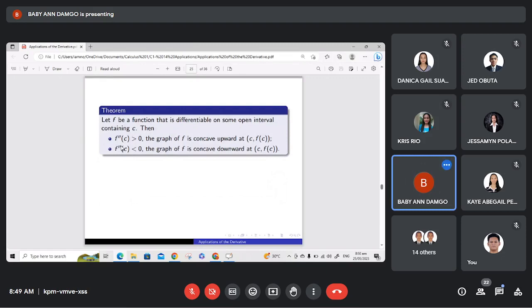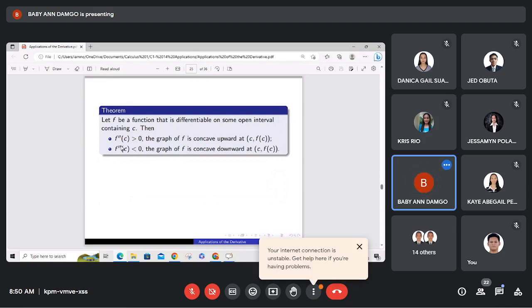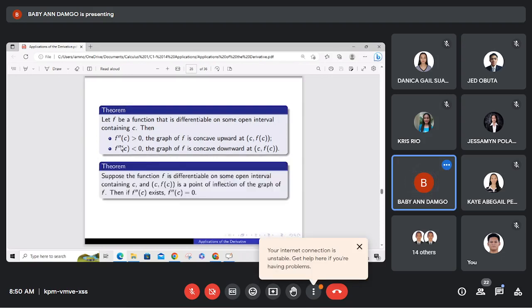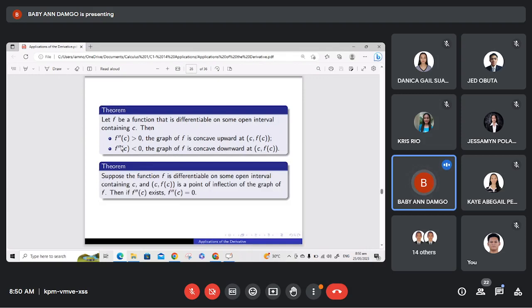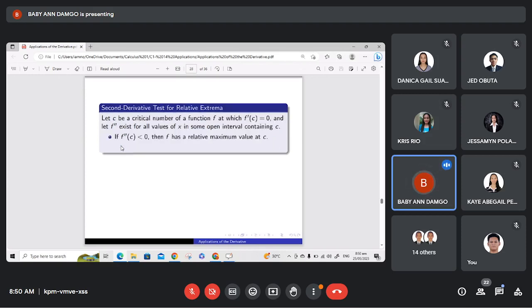If less than 0, the graph is concave downward. Another theorem is the point of inflection, the point where the graph changes from upward to downward or downward to upward.